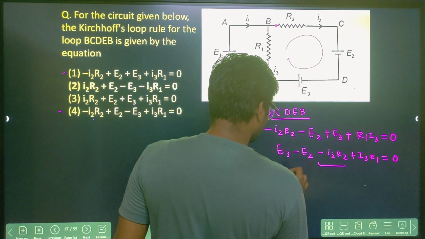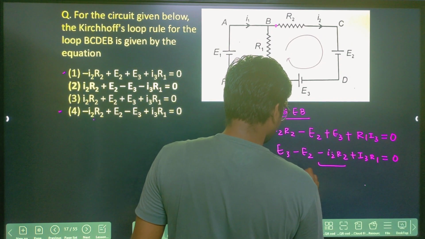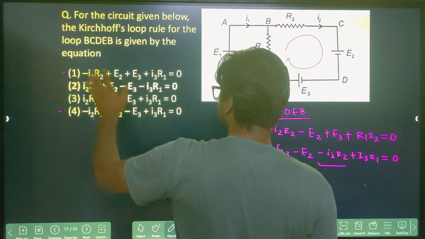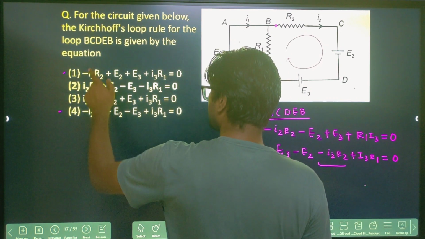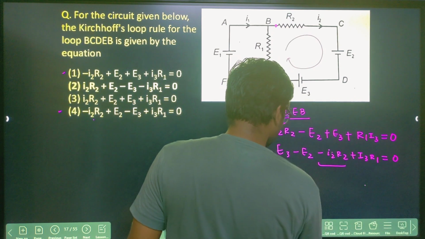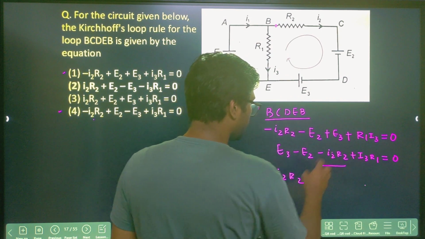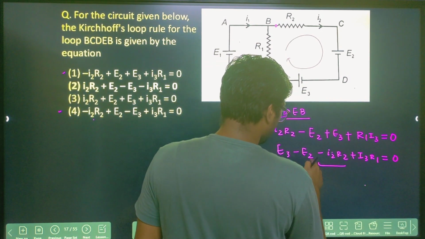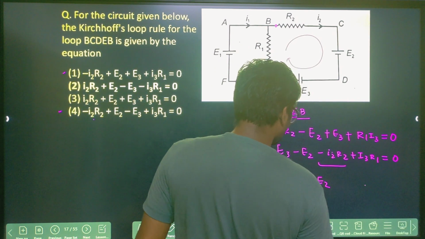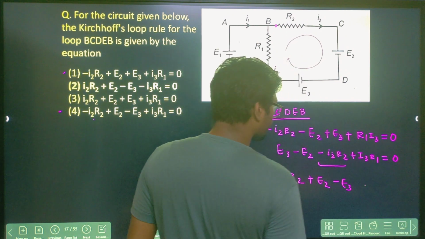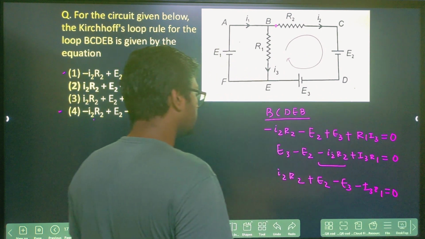So what we can do here is write this one as minus of E3 plus of E2. They have written I2 first, so we will write in that format. If I multiply a negative sign here, this will be I2 R2, and then they have written E2, this will be plus E2, this will be minus E3, and this will be minus of I3 R1 is equal to 0.